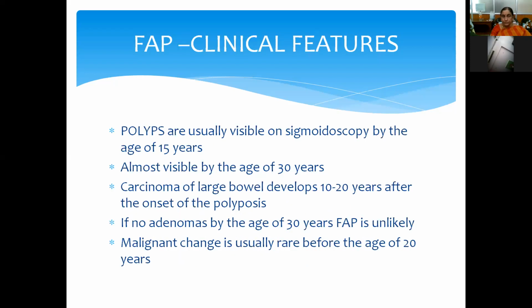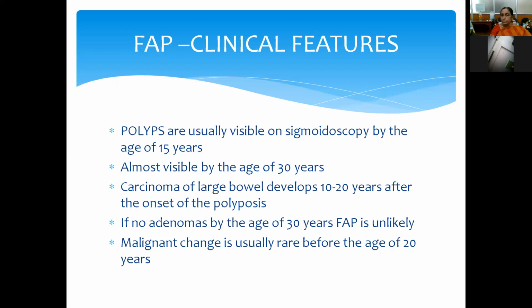Coming to the clinical features, usually polyps are visible in the sigmoidoscopy. So sigmoidoscopy appears to be the main screening tool for these patients apart from the colonoscopy. Usually the polyps are visible by the age of 15 years, that is the lower limit, and visible up to the age of 30 years.